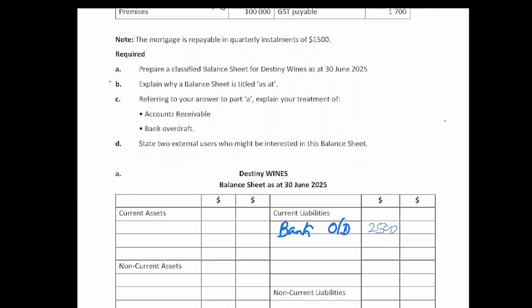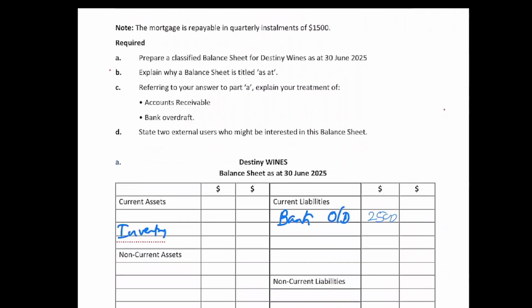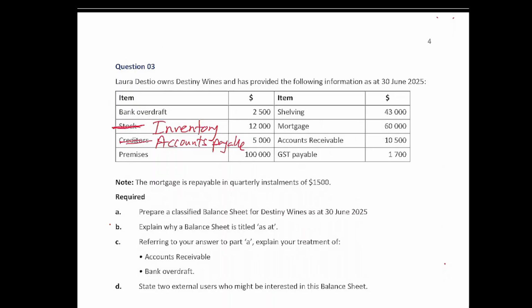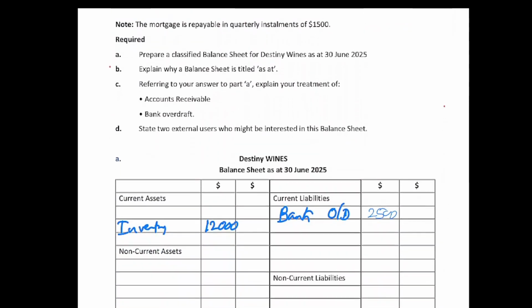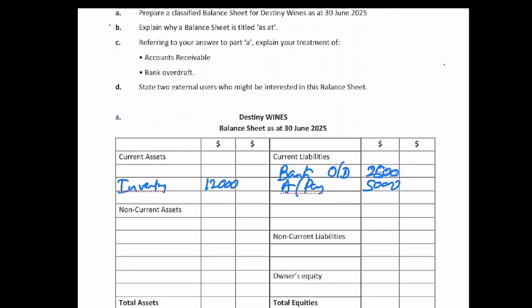Current asset, right, inventory, current asset, 12,000. Then accounts payable, current liability, 5,000. Then premises.